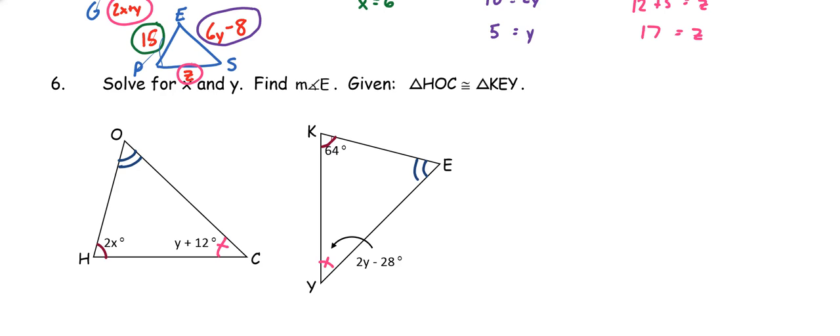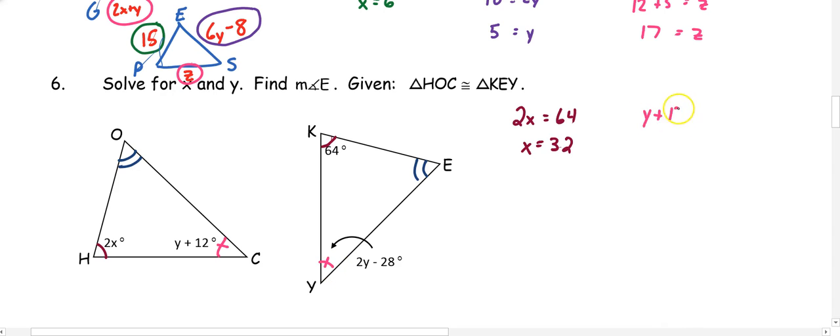So to solve for x, I'm going to use the H and the K, so 2x equals 64. When we solve, we get x equals 32. For y, C and Y are congruent, so y plus 12 equals 2y minus 28.